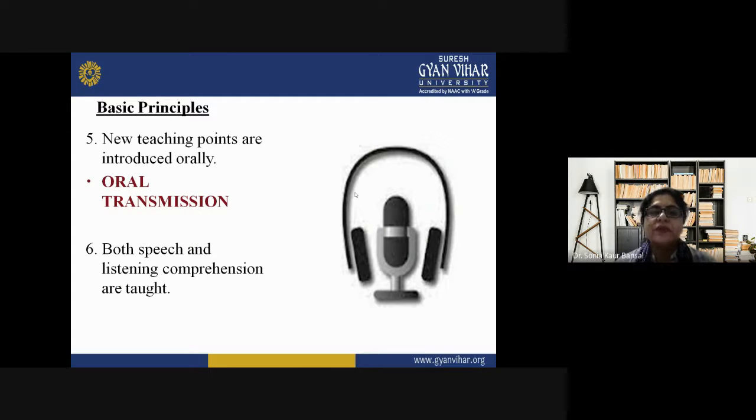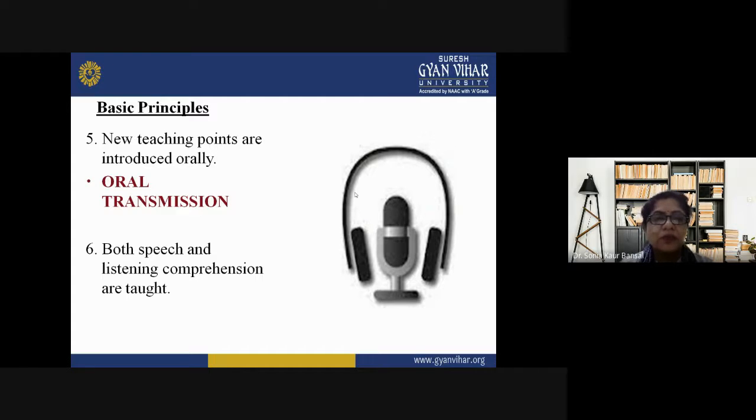Basic principle in continuation: new teaching points are introduced orally. We are of the point of view that as the child listens more and more to the target language, the more and more he grasps the idea about the English language.